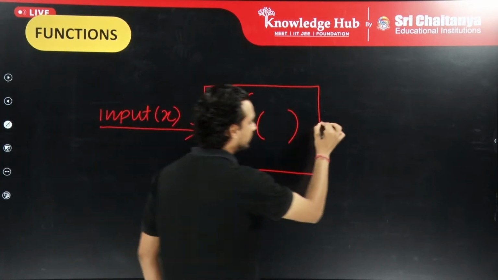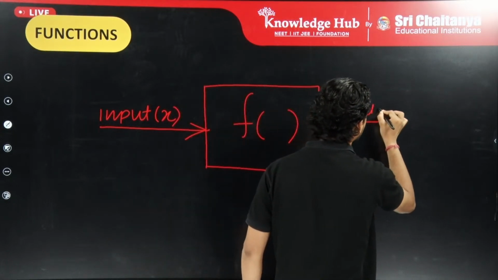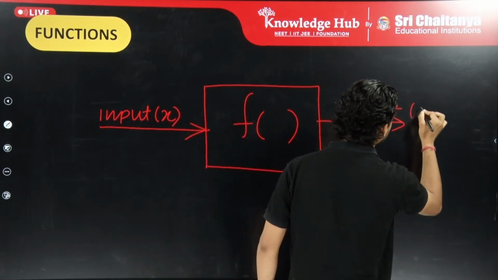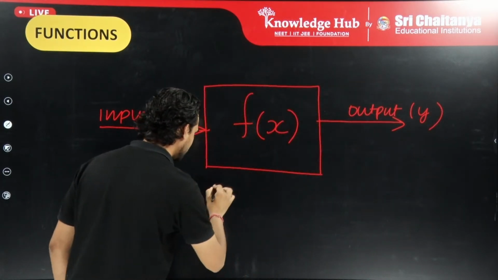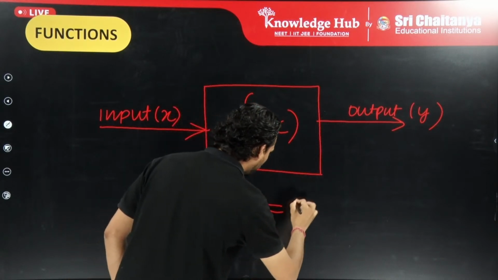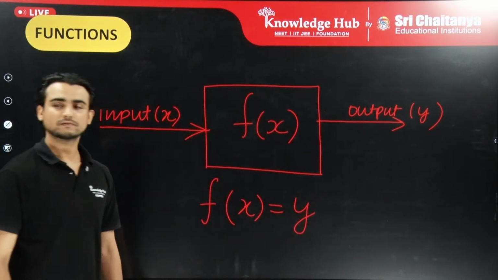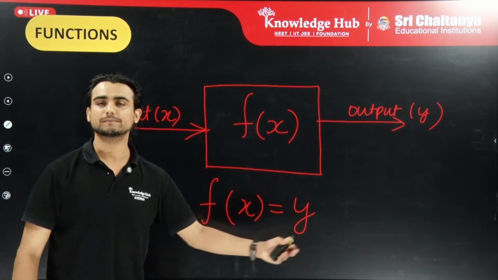It takes input x and gives me some output, and that output is y. So I'll say that the function f takes input x and gives me output y. x is my input variable, y is my output variable.